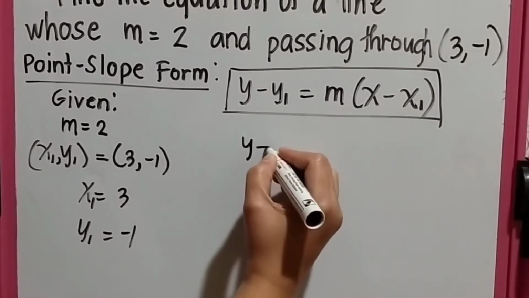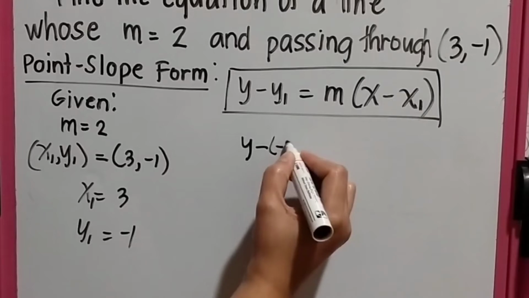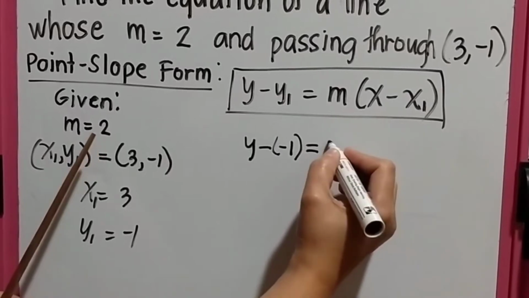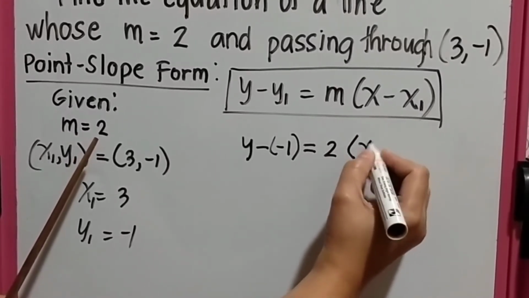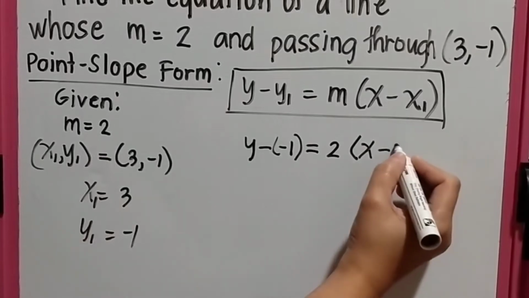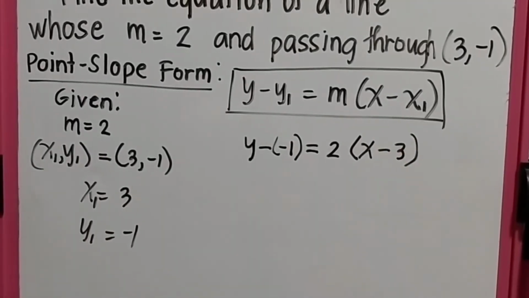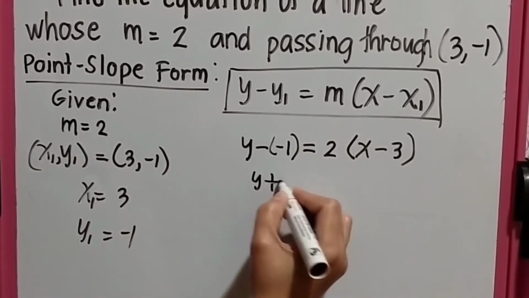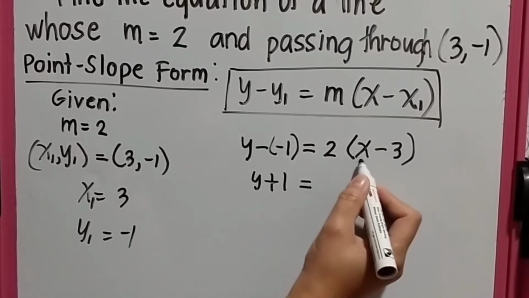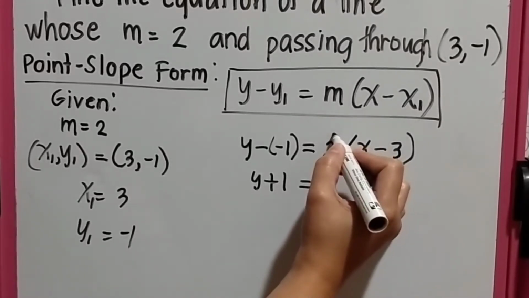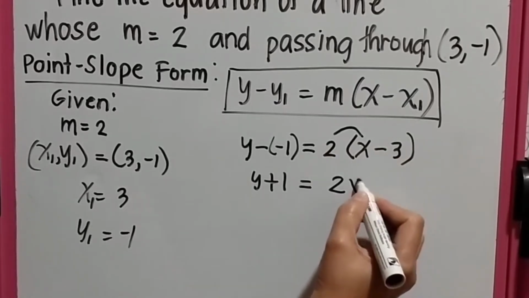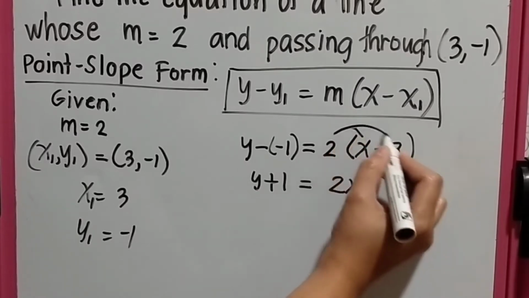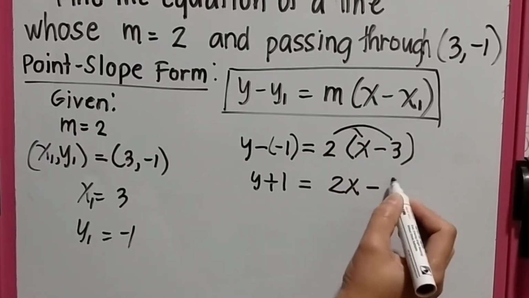We have y minus y sub 1, which is negative 1. So, y minus negative 1 equals m, which is 2, times the quantity x minus x sub 1, which is 3. Okay. So, we have this y minus negative 1, this will become y plus 1, equals 2 times the quantity x minus 3. So, we will distribute this 2 times x, that's 2x, and here 2 times negative 3, we have negative 6.